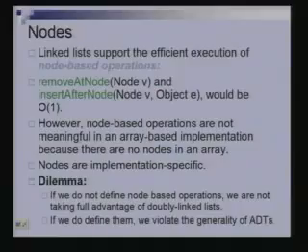So, linked lists are better at supporting node based operations. If I have a doubly linked list, and I tell you this node, delete this node, you can delete that node in constant time. Or if I say insert a new node after this node, I can do that in constant time. Or if I say insert a node before this node, again I can insert in constant time.